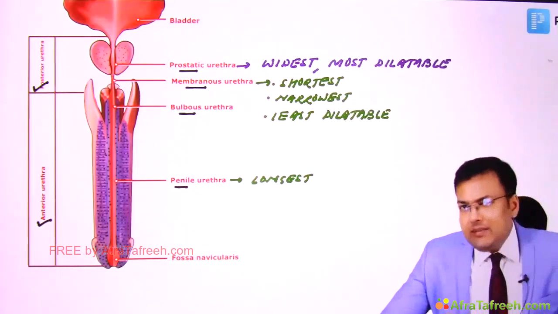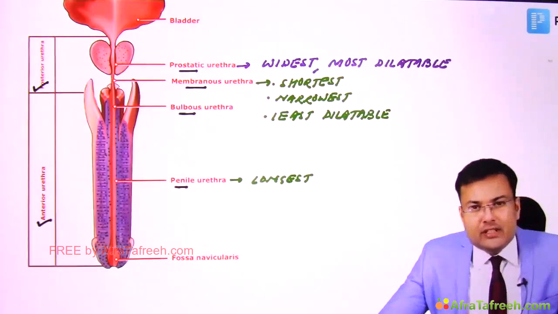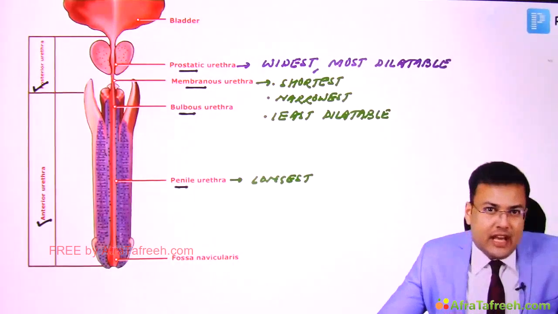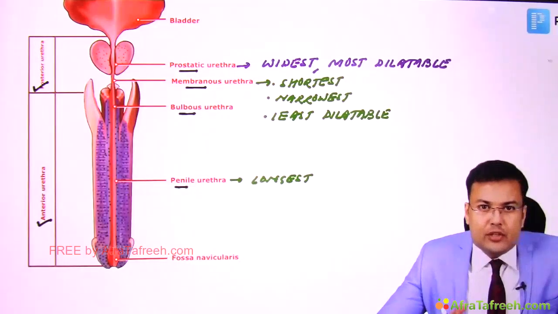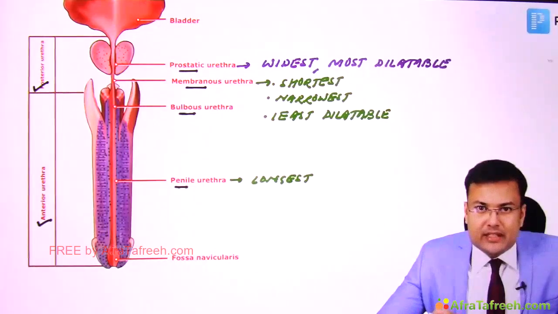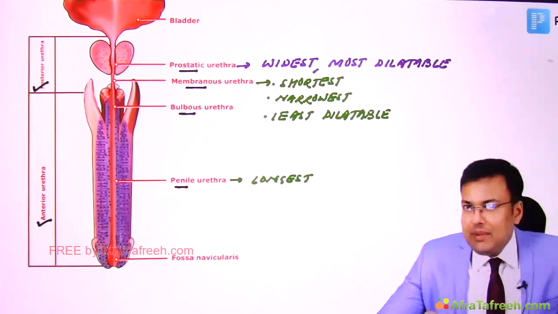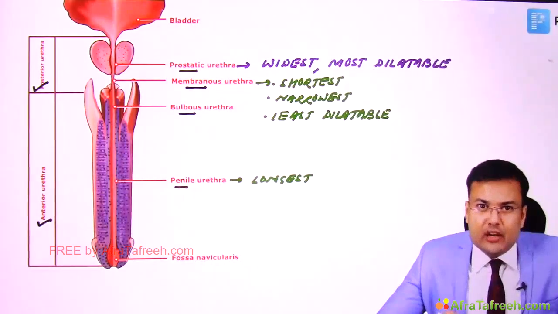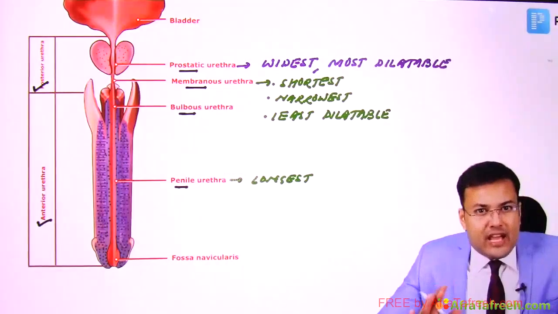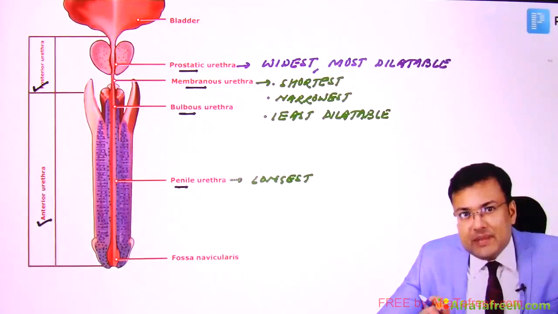Imagine a question is asked: what is the narrowest part of urethra? Suppose membranous urethra is given as well as meatus in the options. Which one are you supposed to choose? The meatus. So the narrowest part of urethra is meatus.